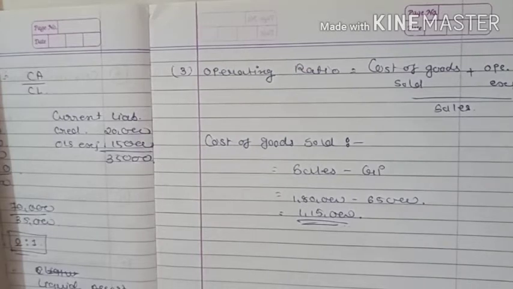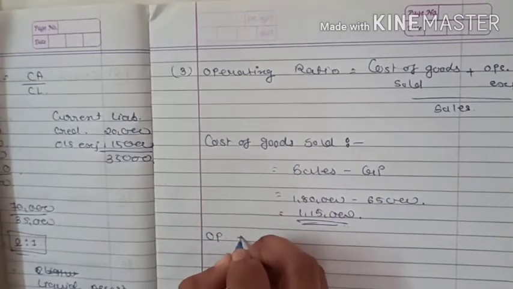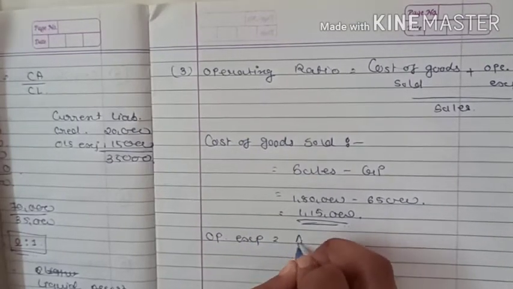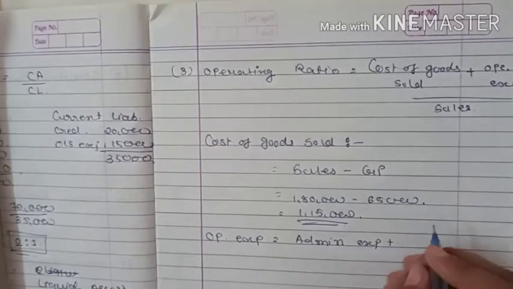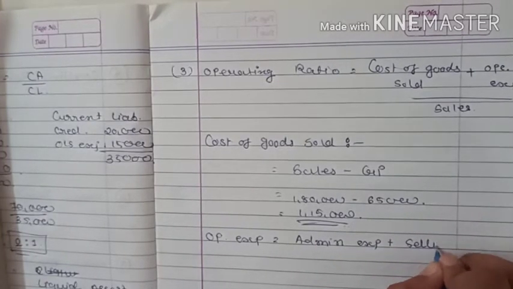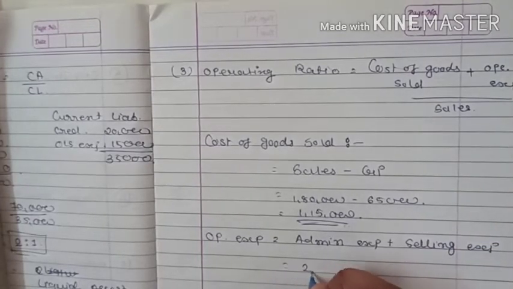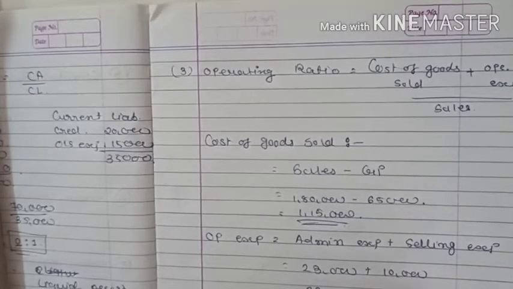Let's find out the operating expenses. Operating expenses are admin expense plus selling expense. Admin expenses 23,000 plus selling expense 10,000. It will come 33,000.